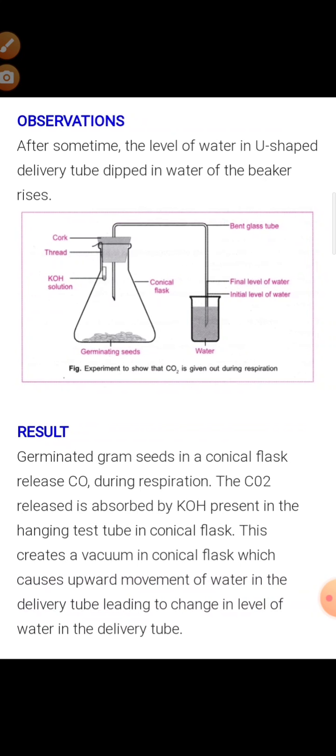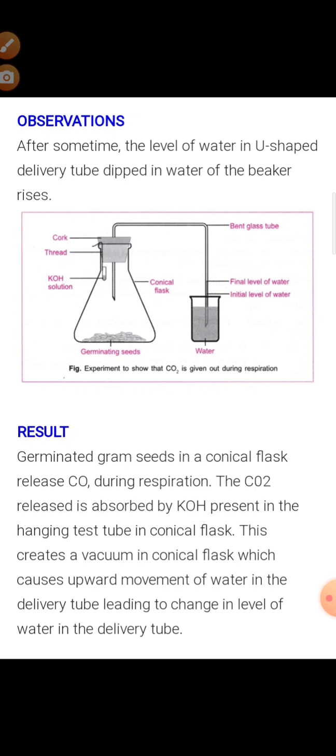Use pencil for leveling also, and at the bottom write what this diagram is of. Like here you can see in the screen it is given: experiment to show that carbon dioxide is given out during respiration. So whatever diagram you are drawing, level it, and at the lower portion of the diagram write what the diagram is of.